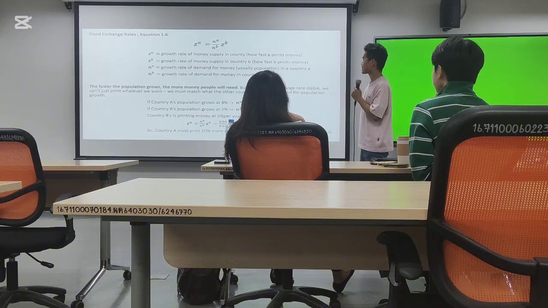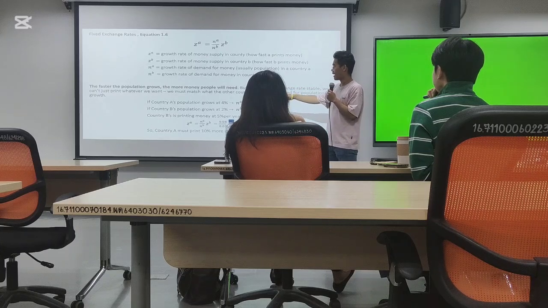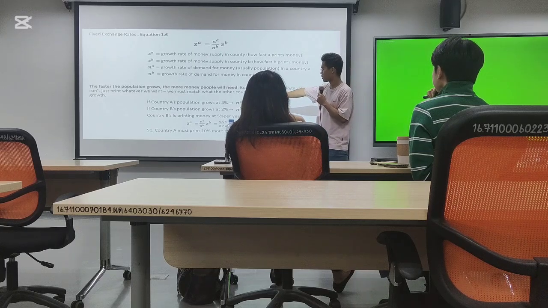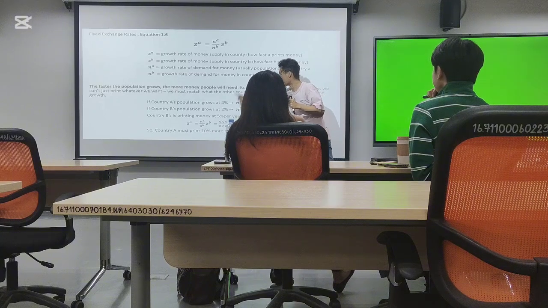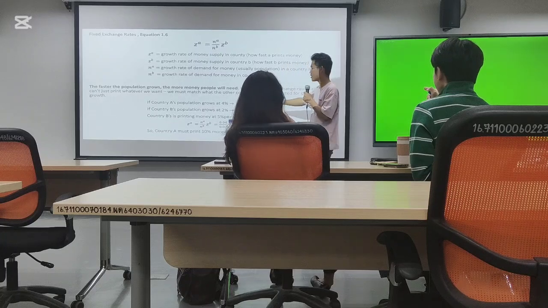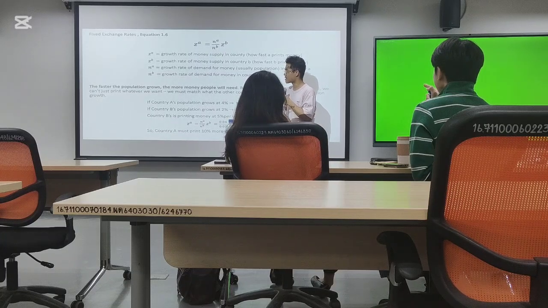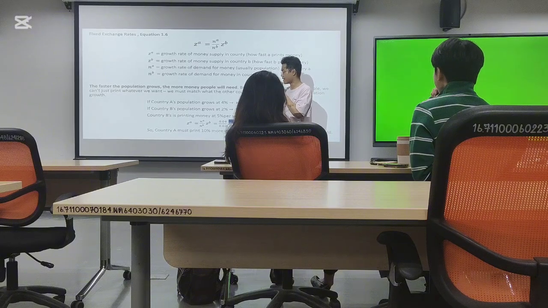So here is the example. If country A's population grew at 4%, and B's population grew only 2%, which is less than A, and country B is printing money at 5% per year, what should country A do to adjust with country B?